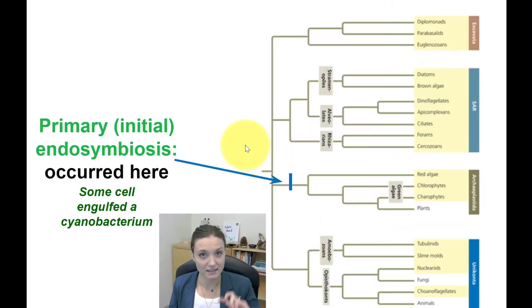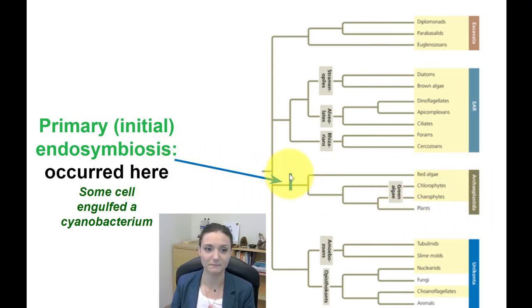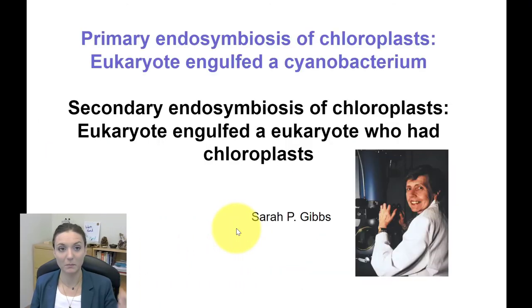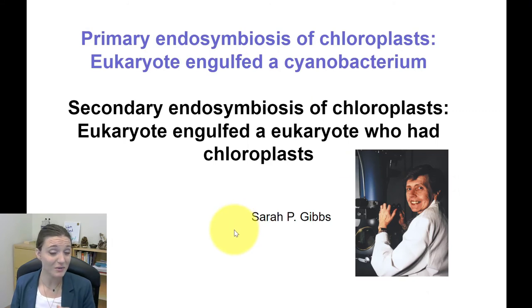So chloroplasts are a little different. We have primary and secondary endosymbiosis processes. So we think this lineage right here, Archaeplastida, engulfed a cyanobacterium, and we call that primary endosymbiosis because the chloroplasts in these organisms have only two membranes. Okay? But there are some chloroplasts that have four membranes.